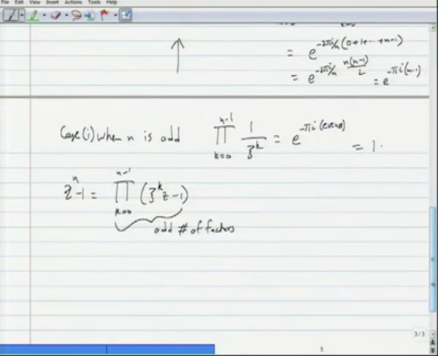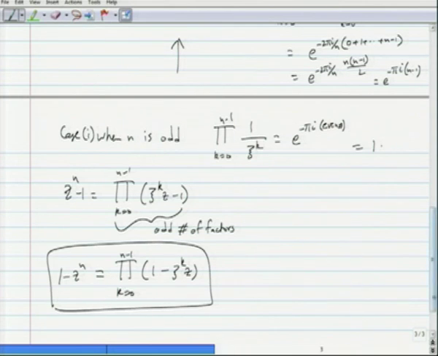So, when I switch each one of them to be 1 minus zeta power k z, I have odd number of these, so I get a minus 1 outside. I have made odd number of switches, so I will use the minus 1 to switch the left hand side to make it 1 minus z power n. So, that is easy. This shows what we want when n is odd.